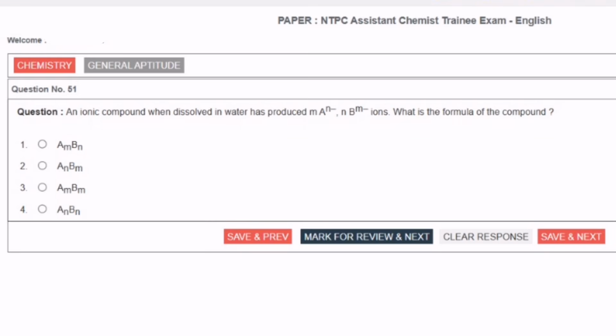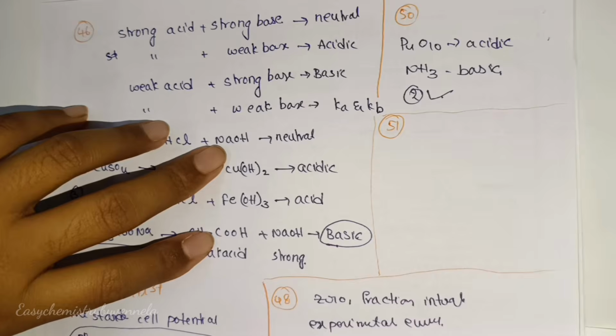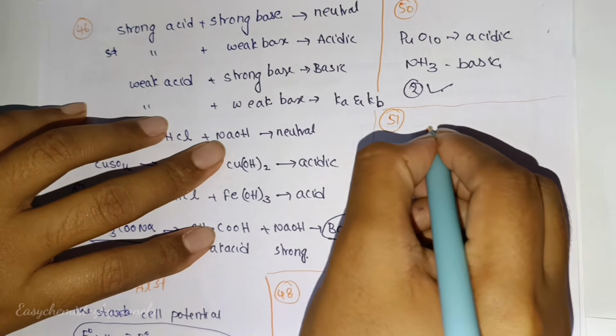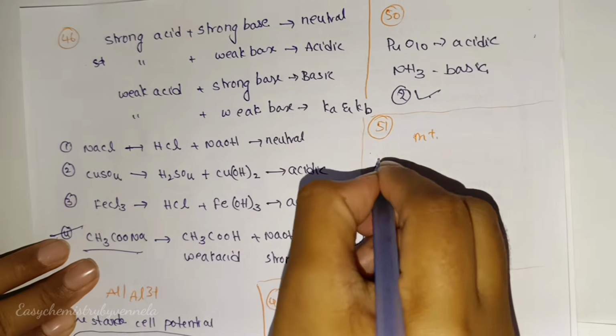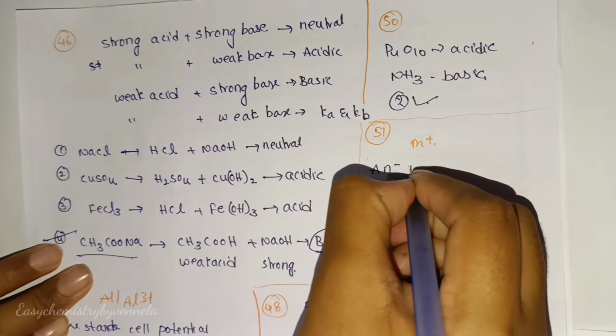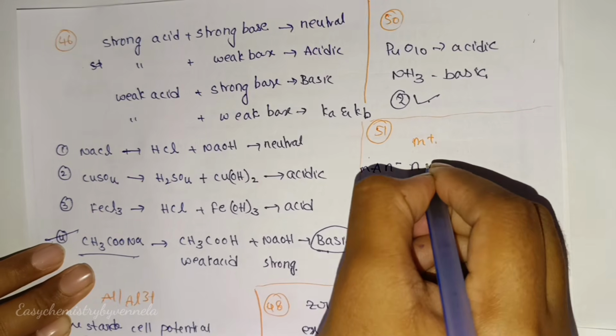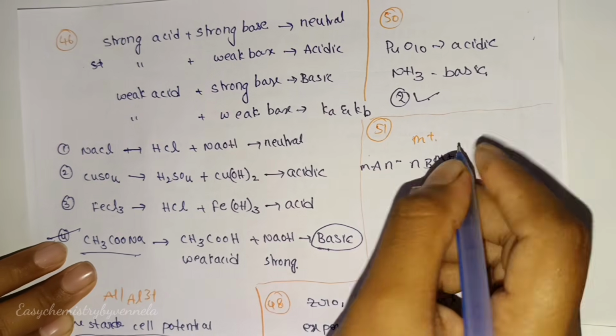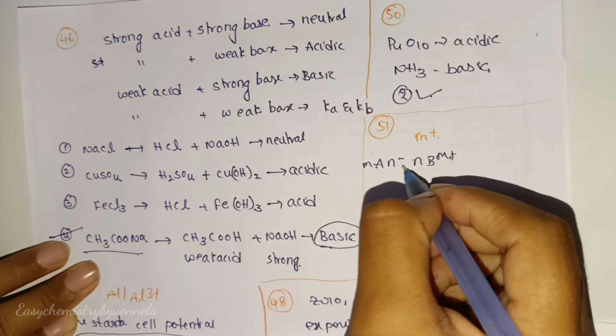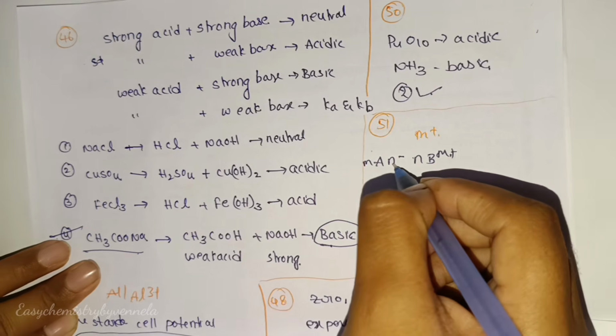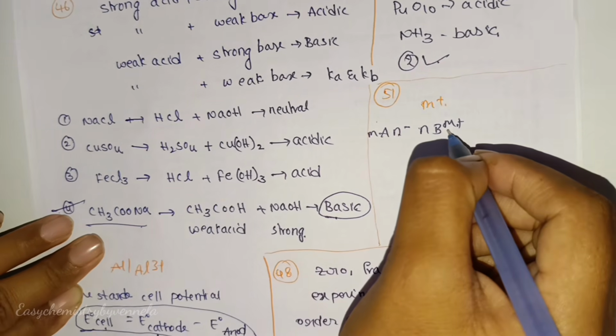Next question. An ionic compound when dissolved in water has produced Am+ and Bn- ions. What is the formula of the compound? Here M ions of An- and N ions of Bm+.